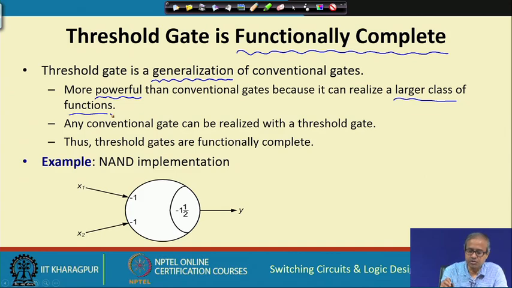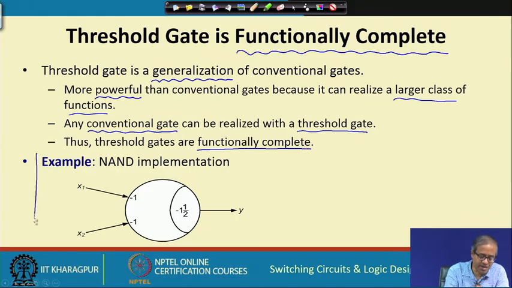Now, the point we want to show here is that, because we are saying functionally complete, any conventional gate should be realized with a threshold gate. If we can show this, then we can prove that threshold gates are functionally complete. The way we give the proof is through an example. We show a threshold gate implementation with the input weights -1 and -1 and the threshold of -1.5.